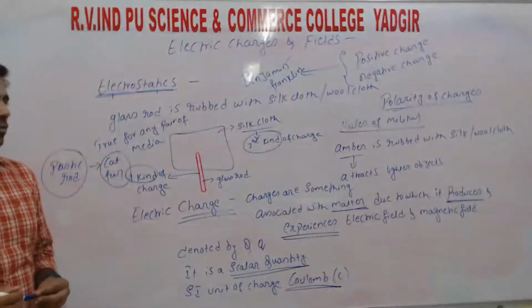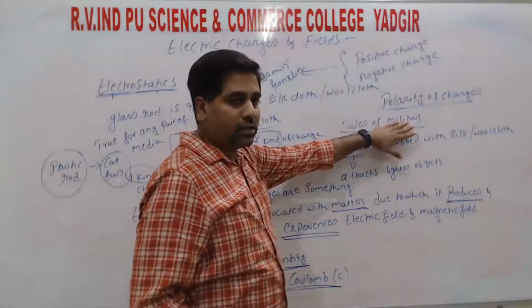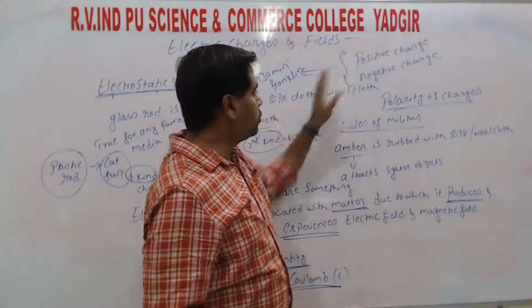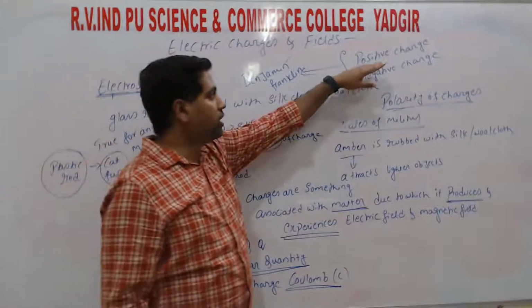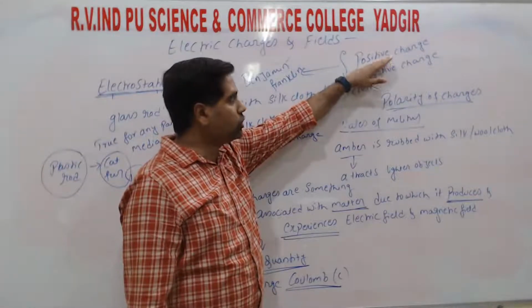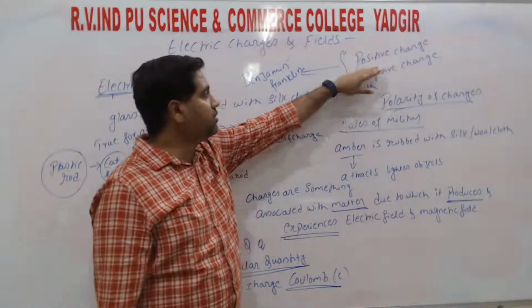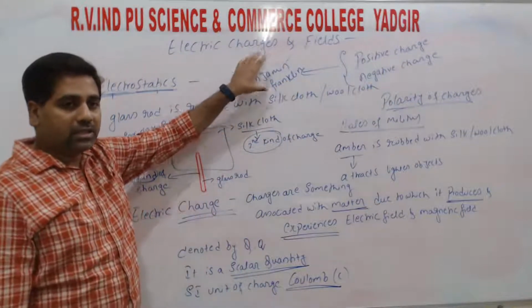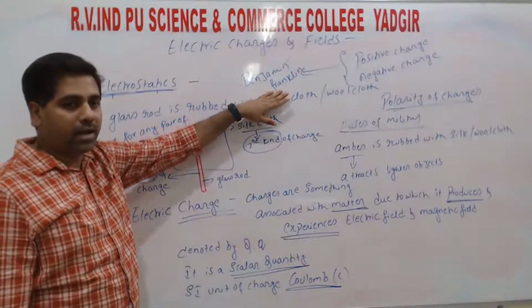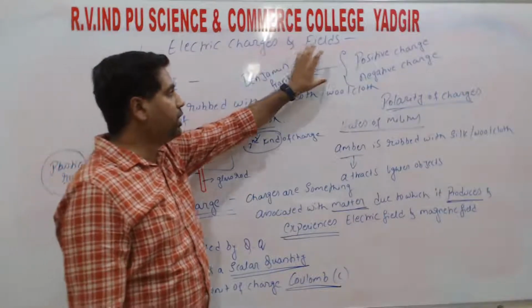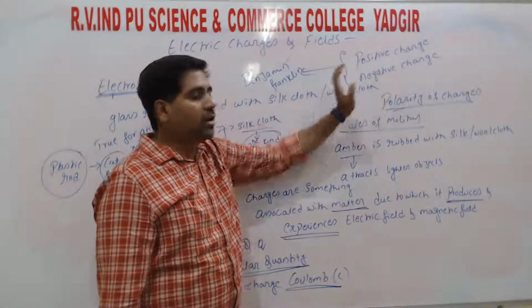The first discovery of charges was by Thales of Miletus, right? The two different kinds of charges were named, one as positive charge and the other as negative charge, by the English scientist Benjamin Franklin.